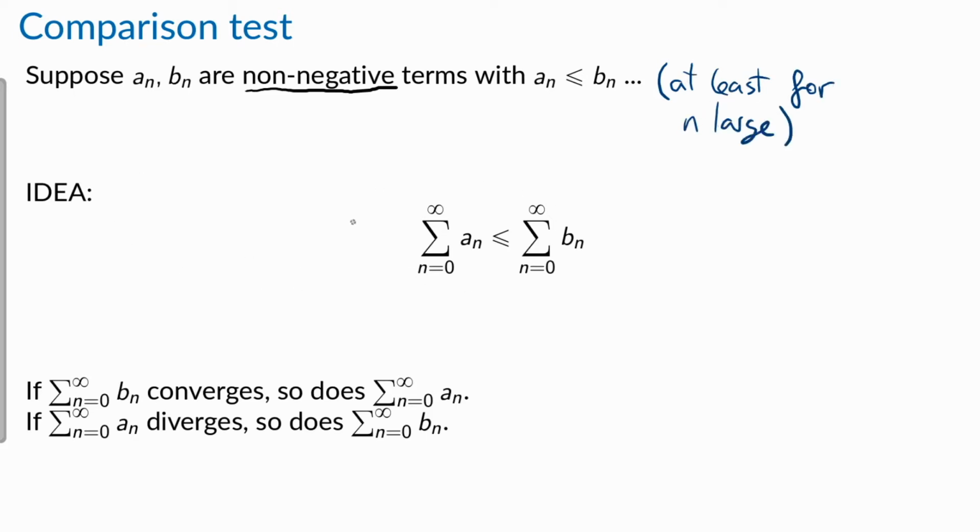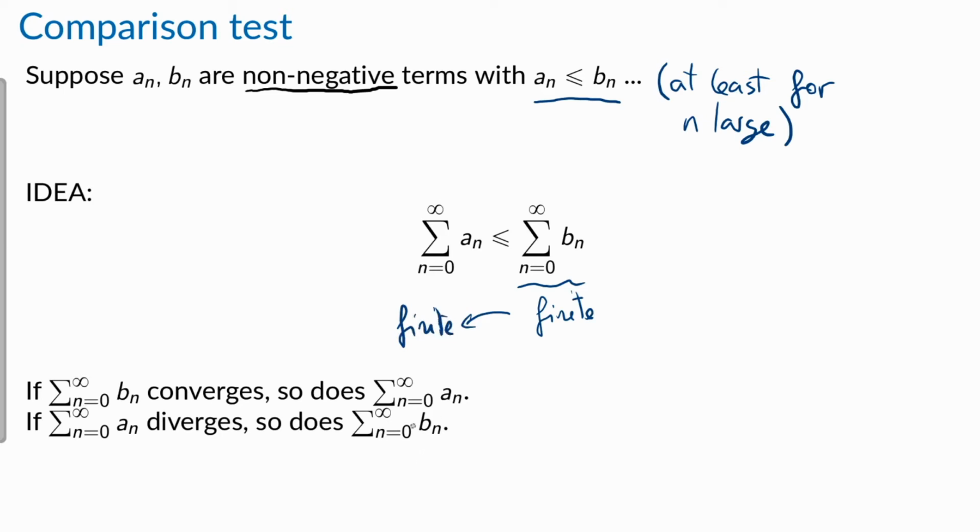Okay, so the idea is, if the inequality holds term by term, then we're going to have an inequality at the level of the series. And what that means is that if the big one converges, so if the one on the right is finite, then that forces the one on the left to be finite.